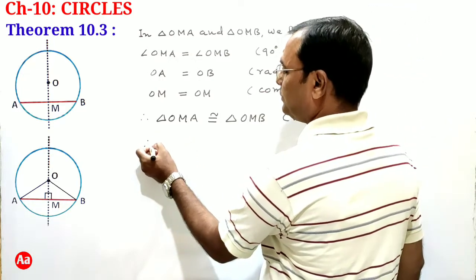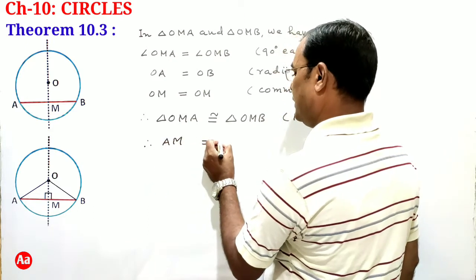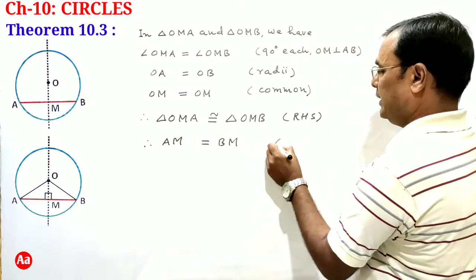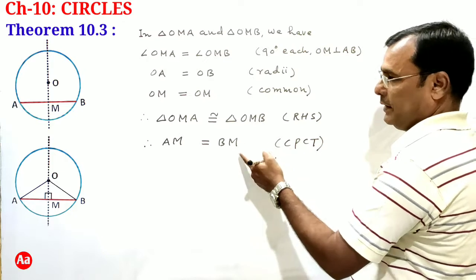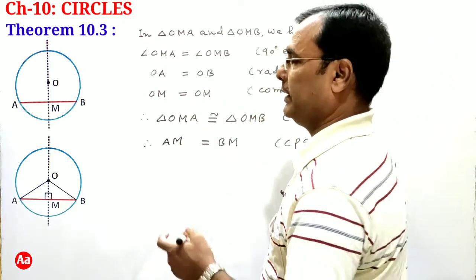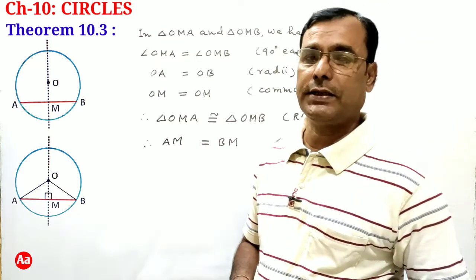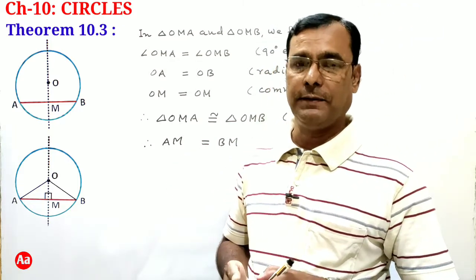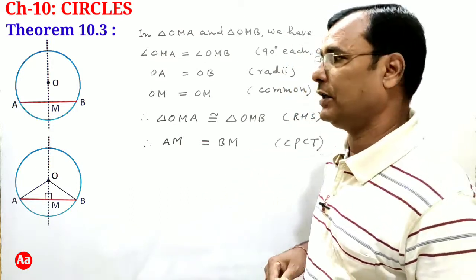Therefore, AM is equal to BM by CPCT, as they are corresponding parts of congruent triangles, and AM equal to BM proves that OM perpendicular drawn from the center of the circle O to the chord AB bisects the chord AB.